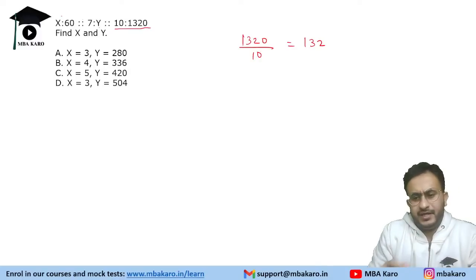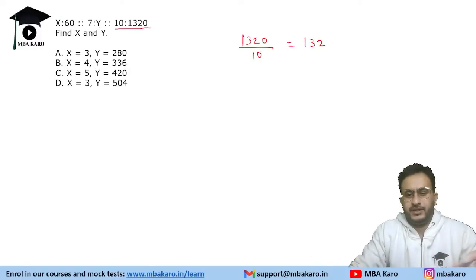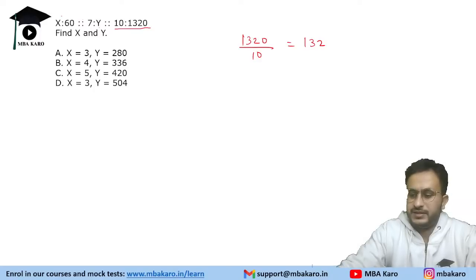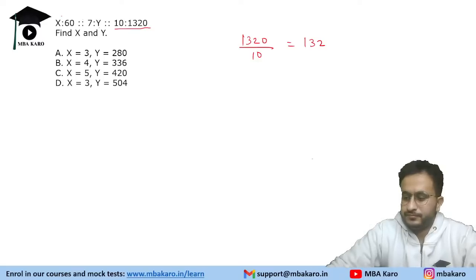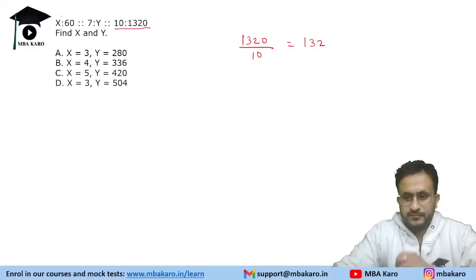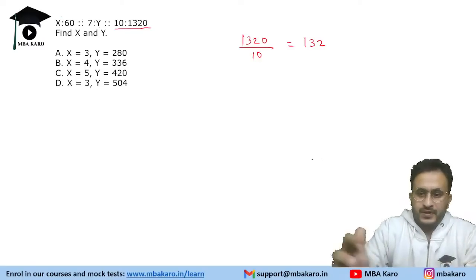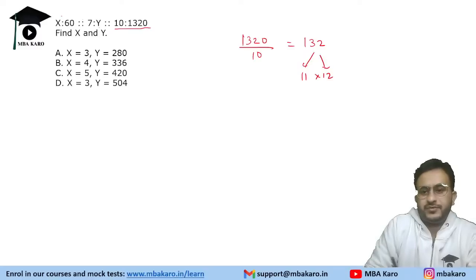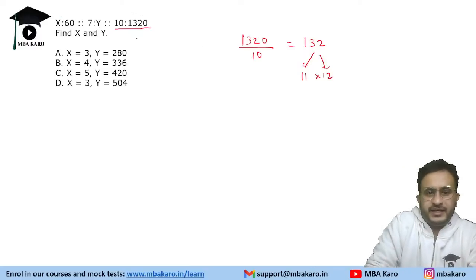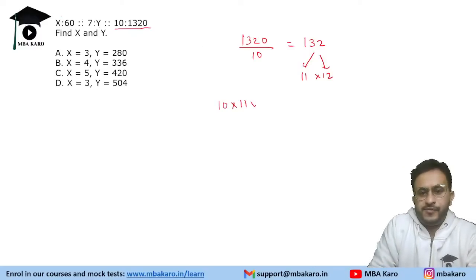Can you think of some numbers that give 132? Isn't it 11 and 12, which makes 132? So we can say 10 into 11 into 12 is 1320.